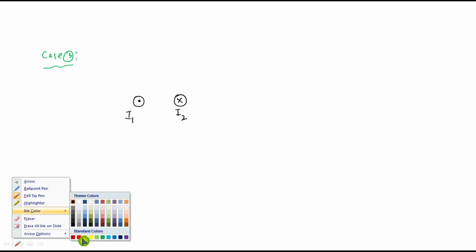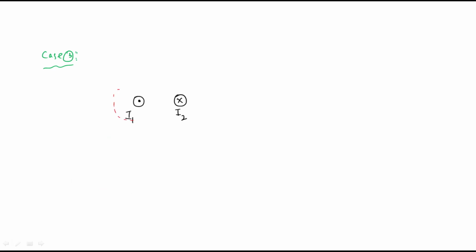That is, one of the conductors is into the plane and another conductor is out of the plane. Let us consider dot, let us consider cross. This is I1, this is I2. So what about the flux density? Obviously because of this I1, the current is like this.